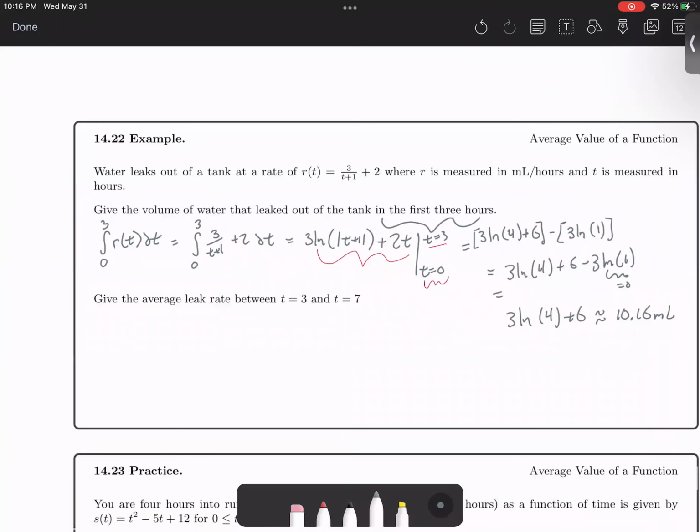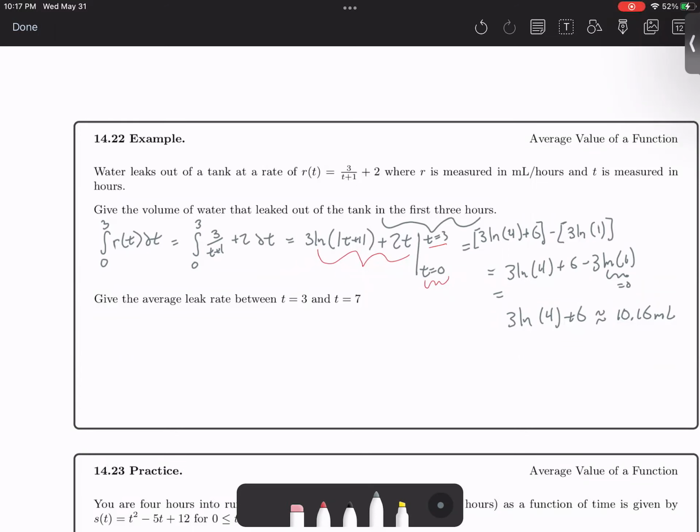All right. This question now, give the average leak rate between 3 and 7. So on average, during this time interval, these 4 hours, how fast is the water leaking out?